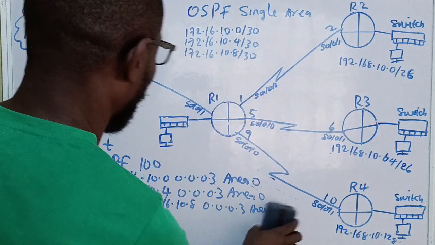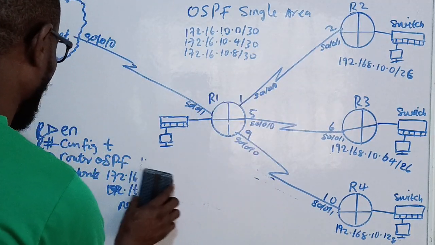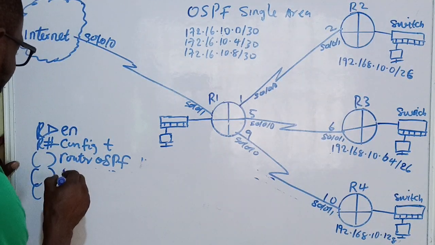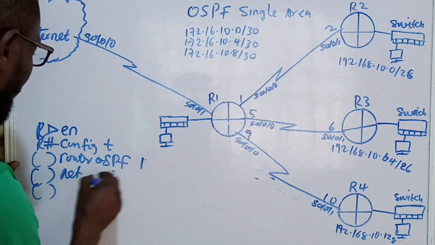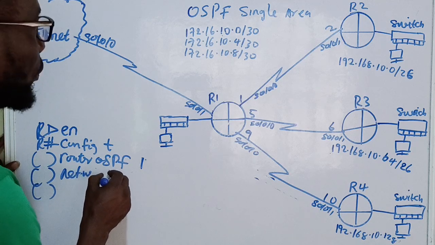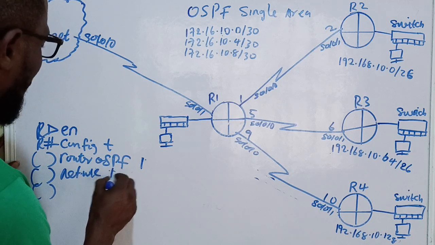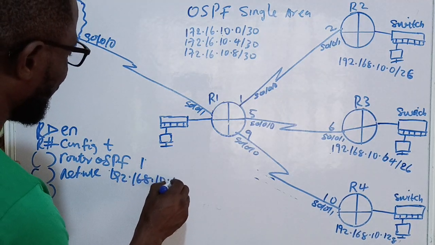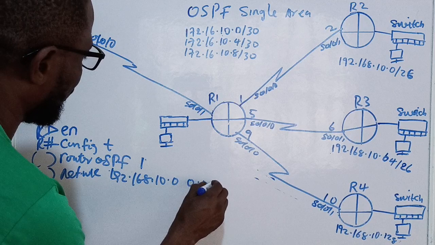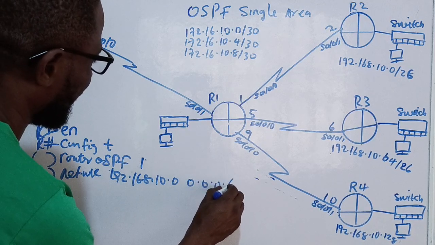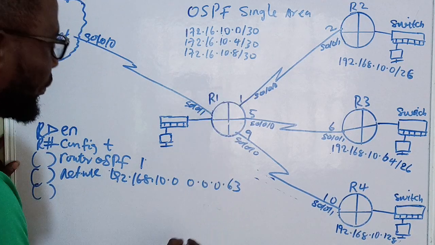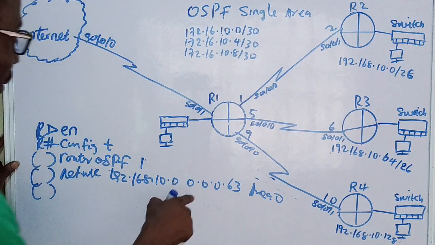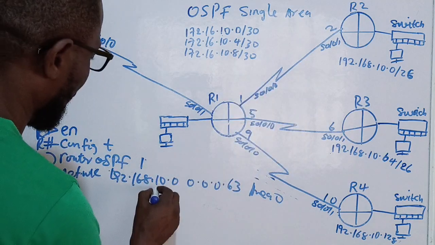Let's configure the LANs. You must add the LANs also. Network 192.168.10.0 0.0.0.63, because the block size is 64, area 0. Then I did the same thing for the 10 here.